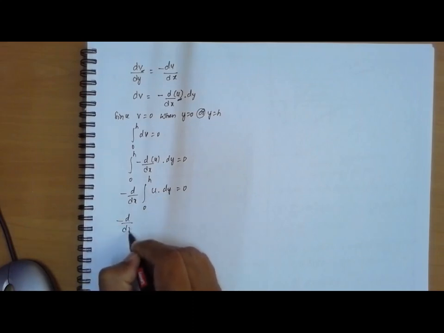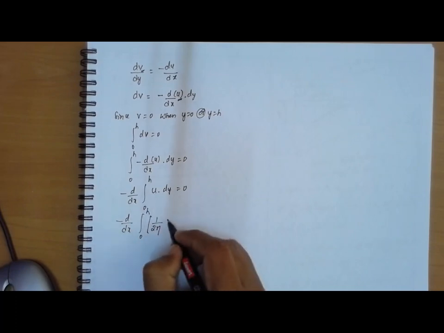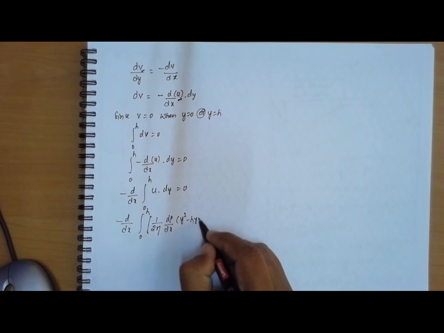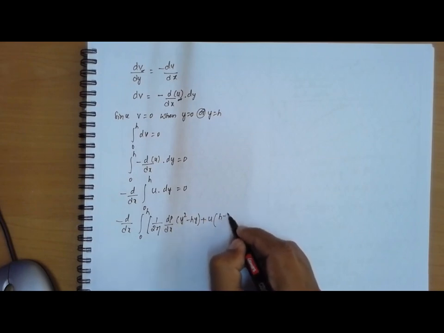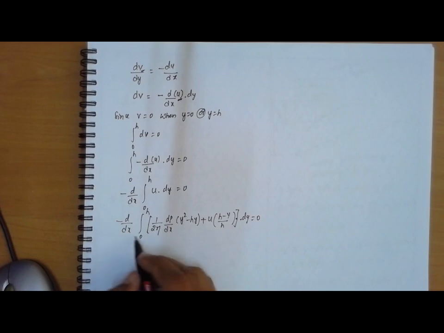d by dx of the integral from 0 to h of 1 divided by 2 mu into dp by dx (y square minus h into y) plus u into (h minus y) divided by h, into dy. So let us take one term at a time.